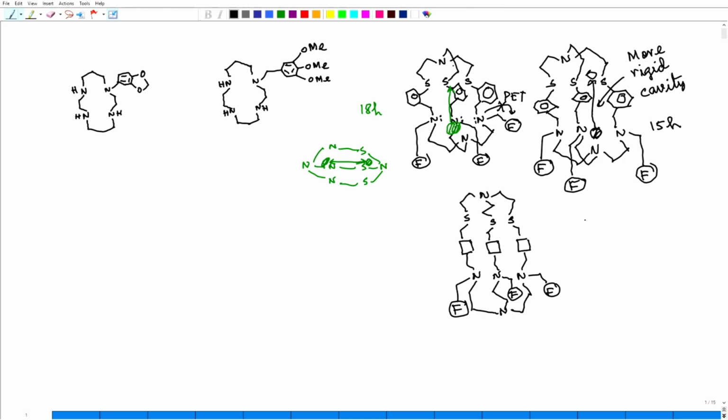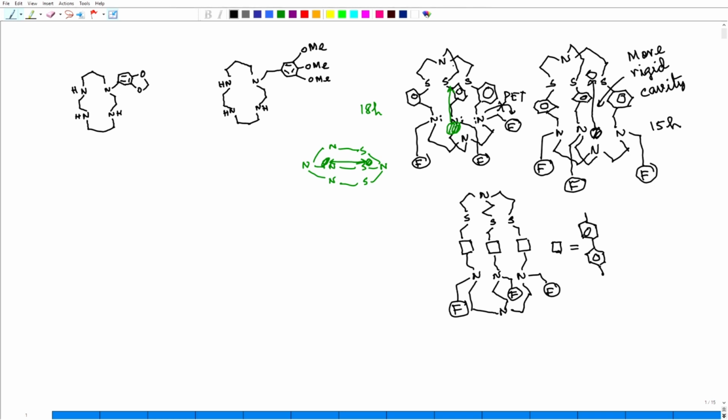What is this? This is equal to this, okay, it is para substituted, and there are two phenyl groups. So, there are two phenyl groups.